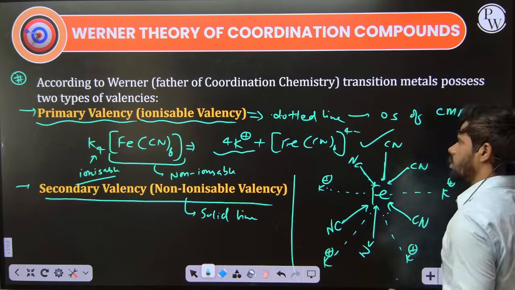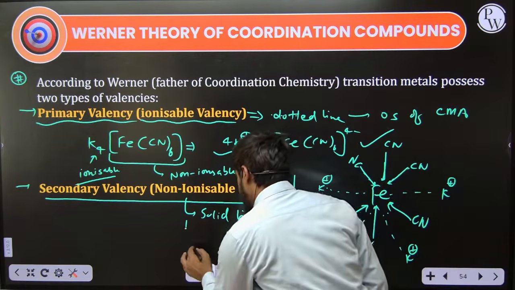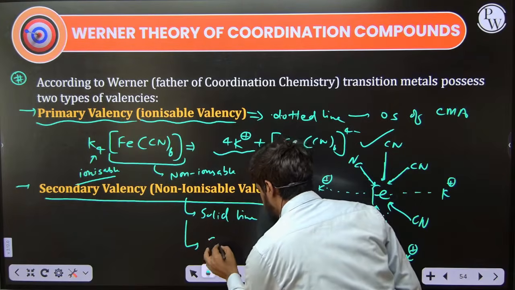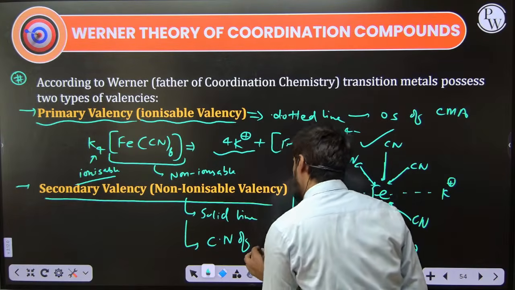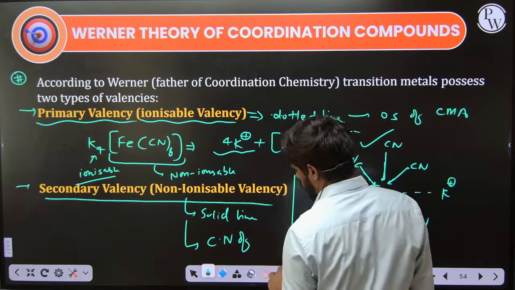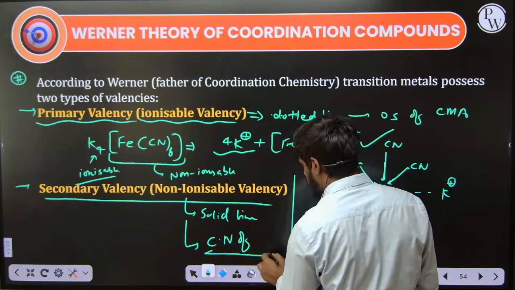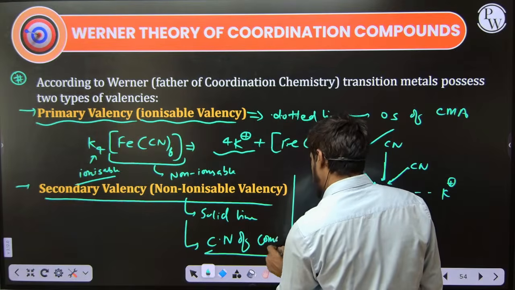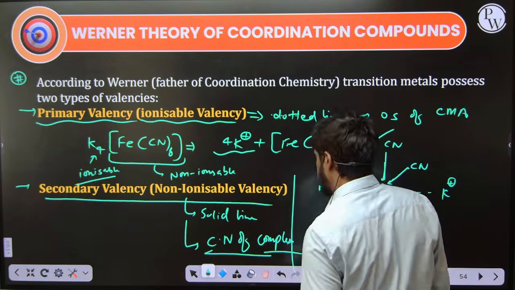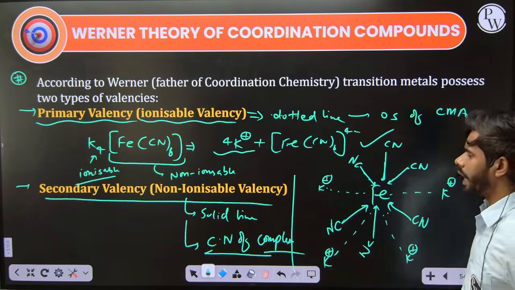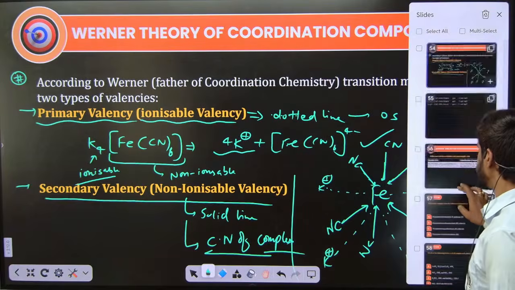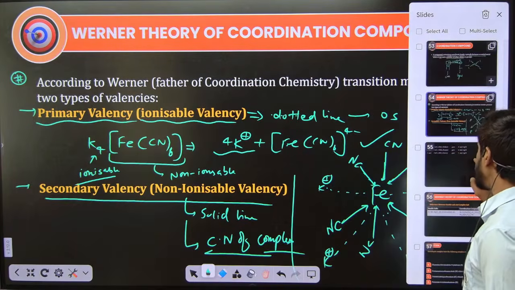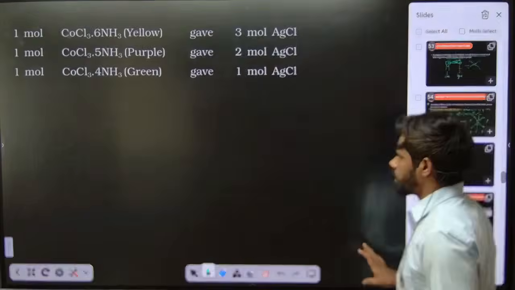The secondary valency is for the coordination number. What is the coordination number? Later we will see. The coordination number of the complex is known as the secondary valency.